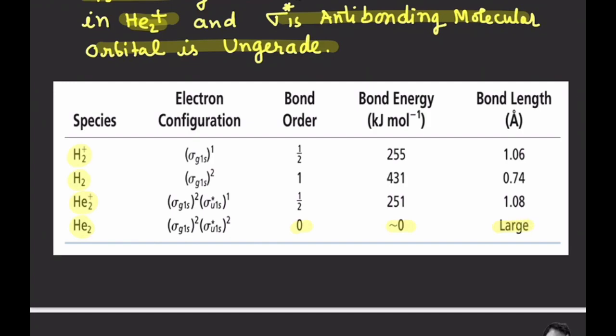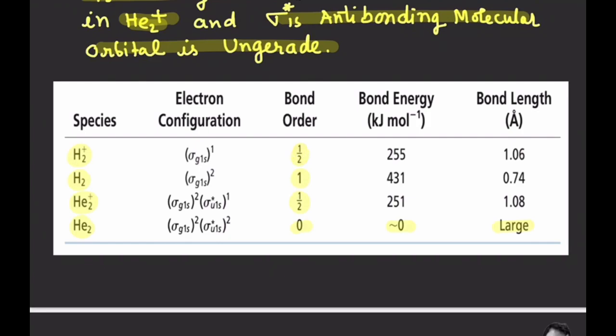But for the helium ion we have calculated that there are a total of 3 electrons, 2 electrons in bonding and 1 electron in anti-bonding, so the bond order is half. For the hydrogen molecule there are only 2 electrons in bonding, so the bond order is 1. For the H2 plus ion there is only 1 electron in bonding, so the bond order is half.